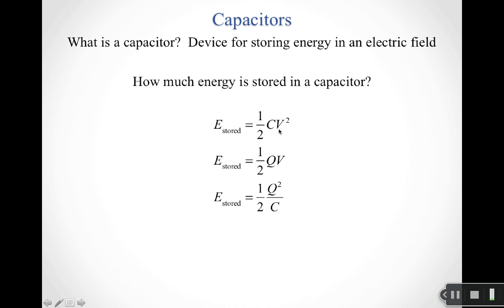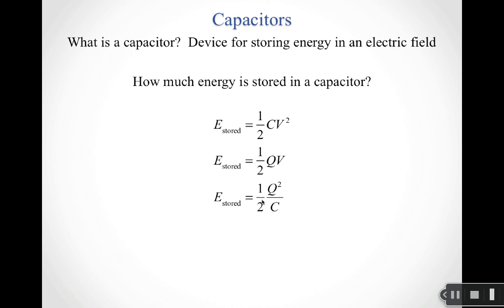Now, we know that Q equals CV, and we can use that relationship: if I take one V out of the V squared and multiply it by C, that's a Q. So I can rewrite the energy stored as 1/2 QV, or as 1/2 Q squared over C, again continuing to use my Q equals CV equation.